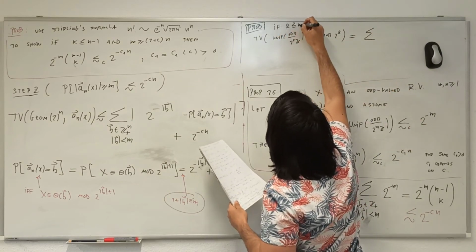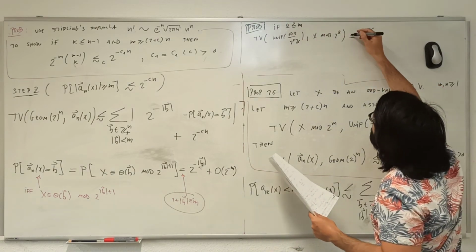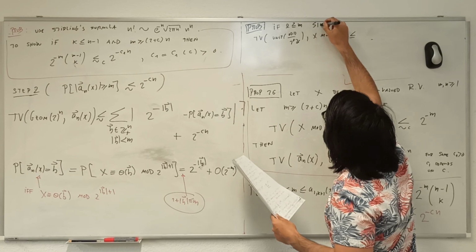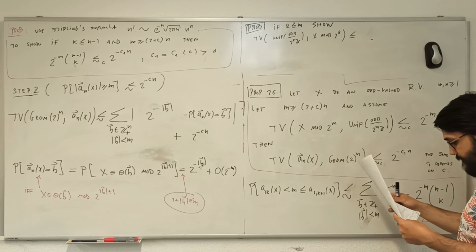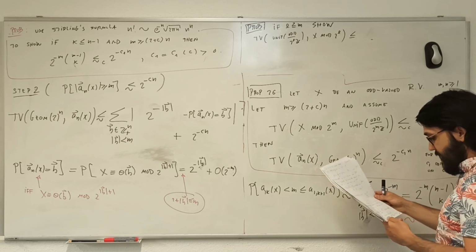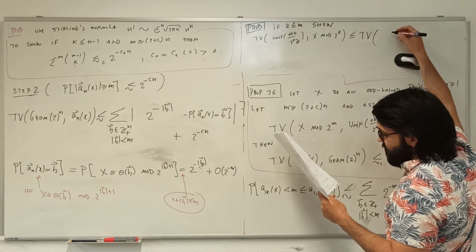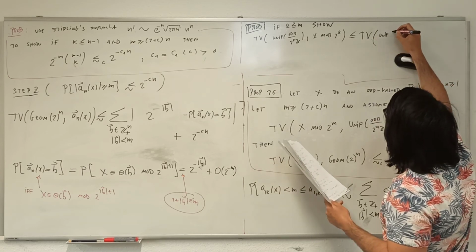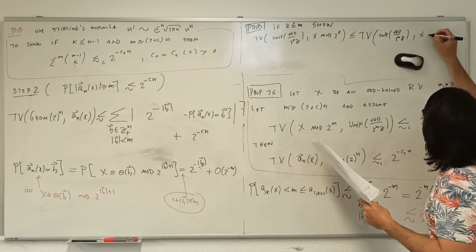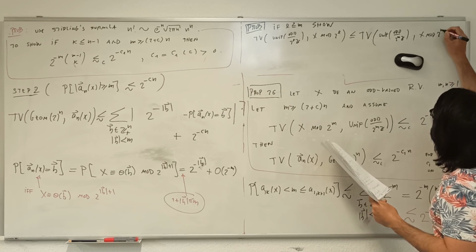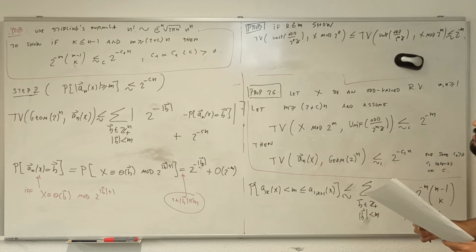If L is less or equal than M, so under the conditions of the proposition, if L is less or equal than M, show that this total variation is less or equal than the total variation of unif on 2 to the m Z and x mod 2 to the m. And we know that that's 2 to the minus m. Okay.